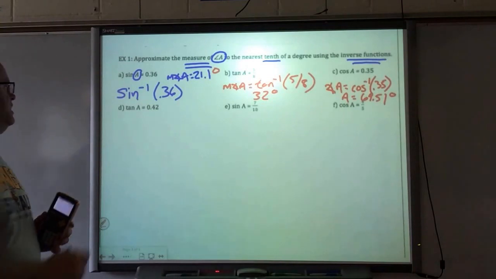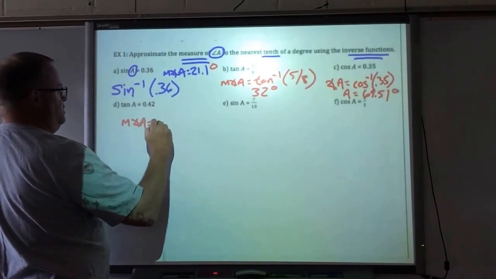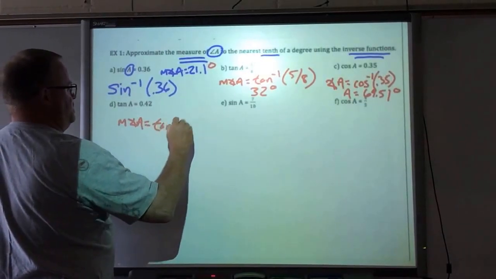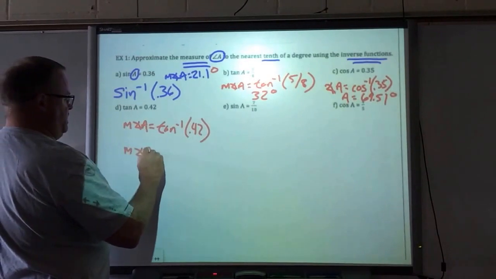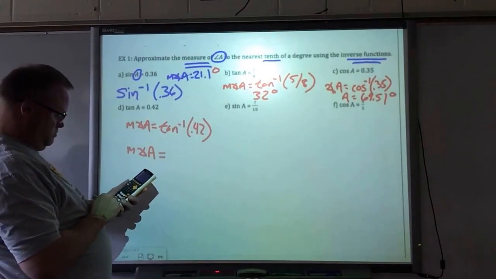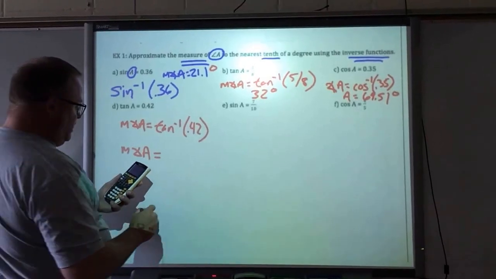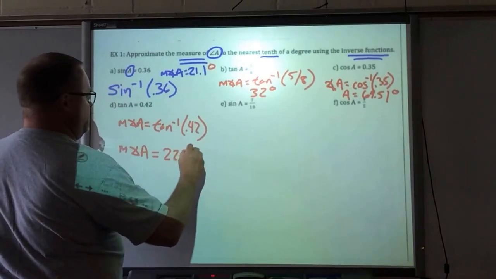All right, the measure of angle A is going to be equal to the inverse of tangent of 0.42. So the measure of angle A is going to be 22.78, or 22.8 degrees.